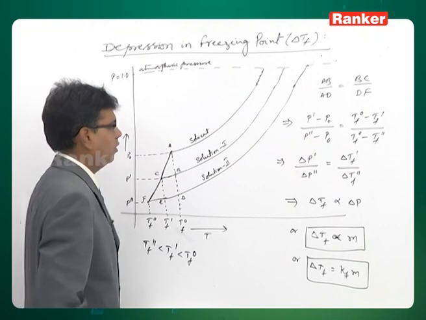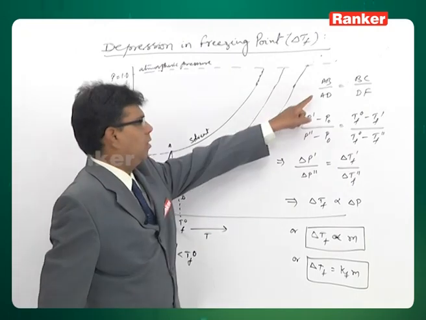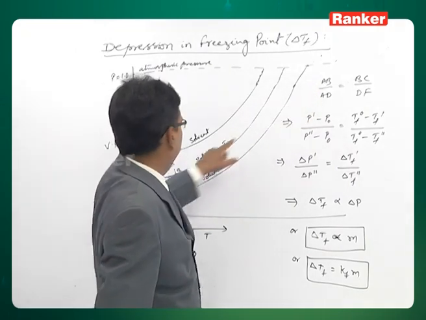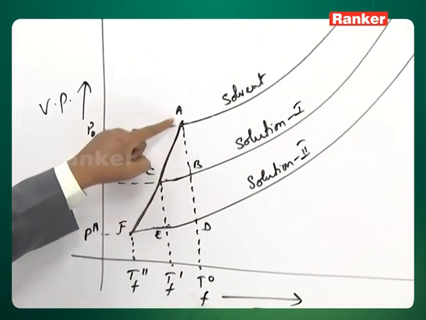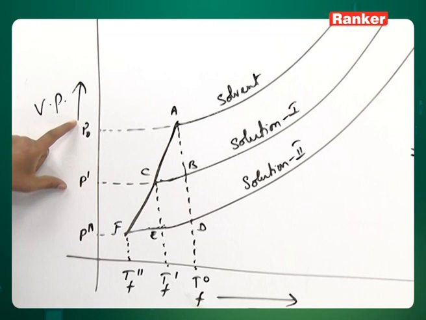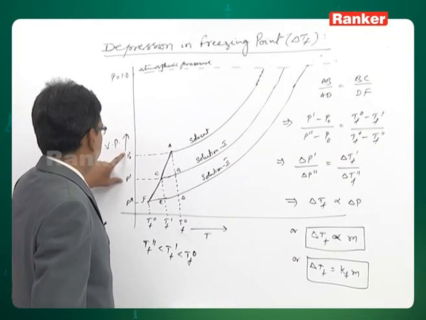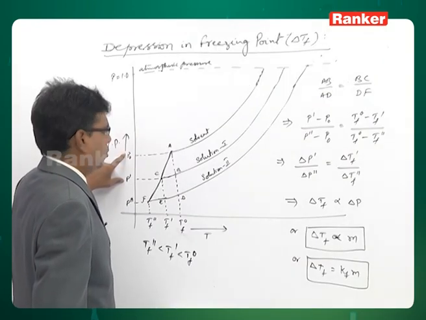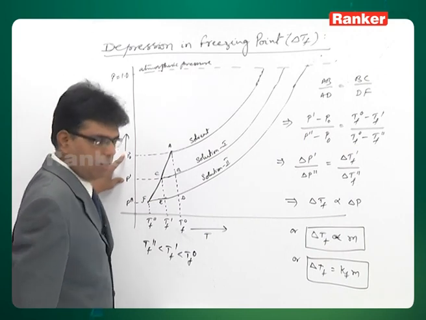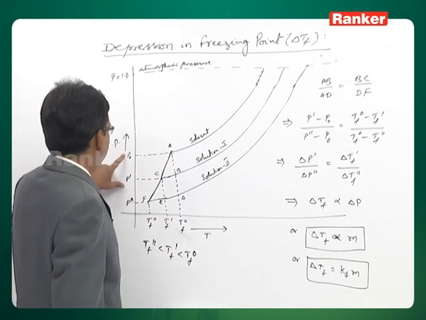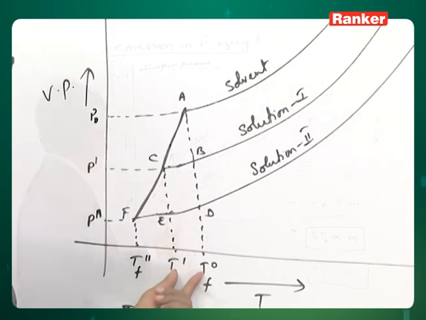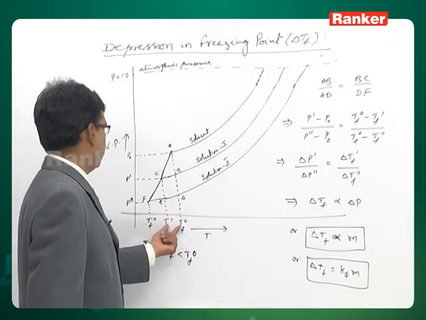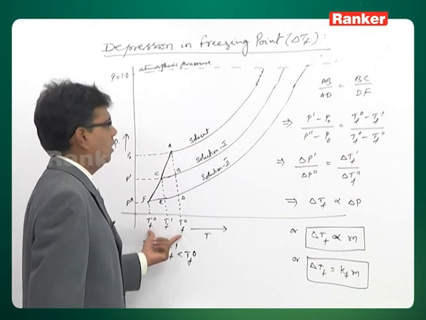Again mathematically, the ratio of AB to AD, that is nothing but P naught minus P dash by P naught minus P double dash, is equal to TF naught minus TF dash divided by TF naught minus TF double dash.